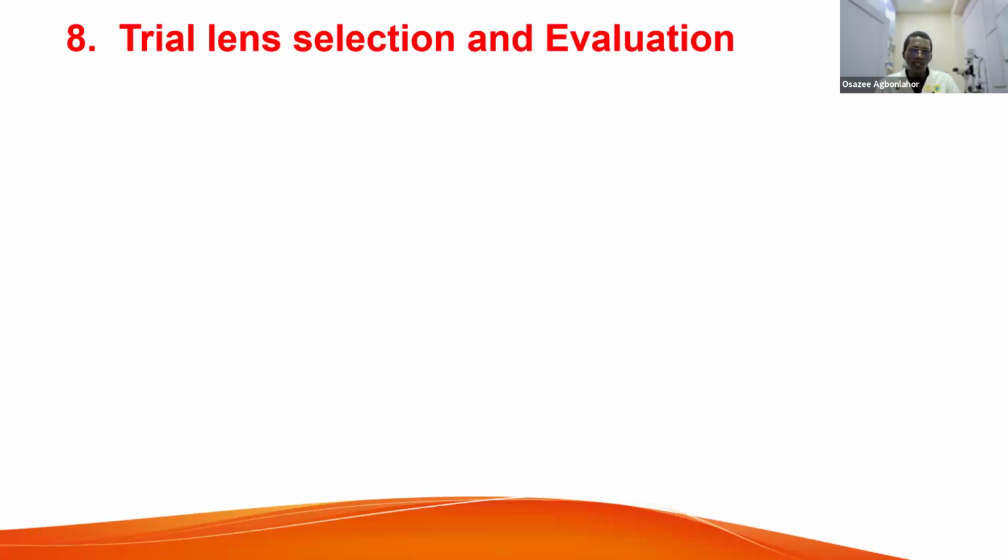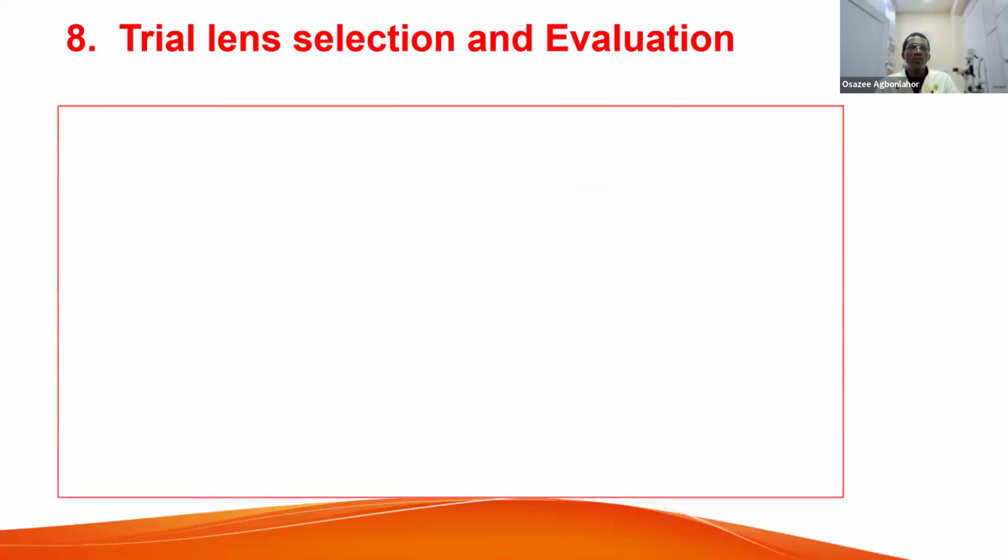Trial lens selection and evaluation. Here, we assume that you've gotten the power and that you've checked for base curve. You saw that I did not focus on all of those things we talked about yesterday on Wednesday.